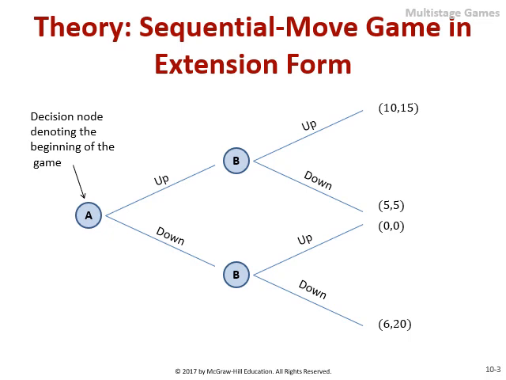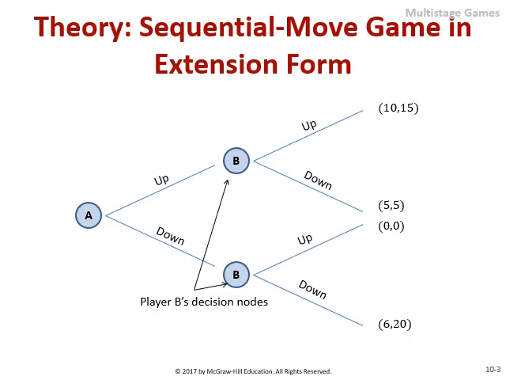The other strategy for A is to play down. So if A chooses down, B in the decision node can take a decision of up or down. If player B chooses up, the payoffs will become 0 for A and 0 for B. If B takes the decision down, then player A's payoff is 6 and player B's payoff is 20.